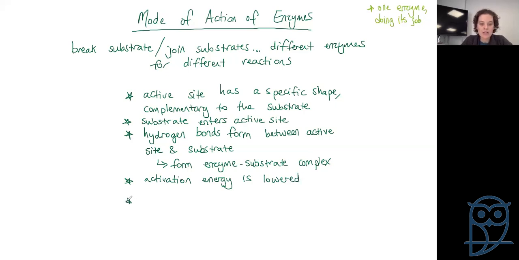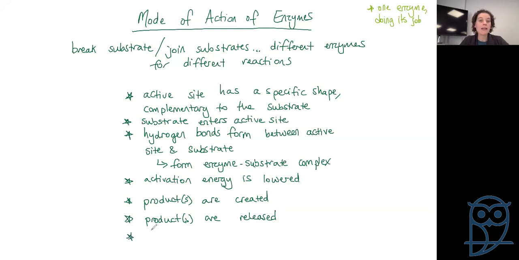When activation energy is lowered, the reaction can occur. So then products are created. It might be a hydrolysis, where we're creating two products, or a condensation, where we're creating one product. It depends on the particular enzyme and the particular reaction that it catalyzes. Once the products are created, the products are released.